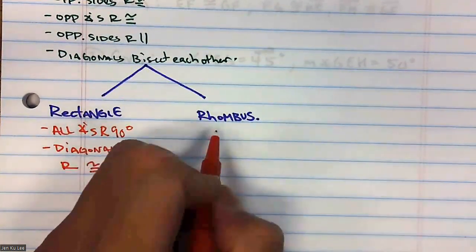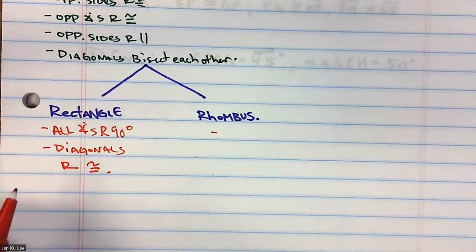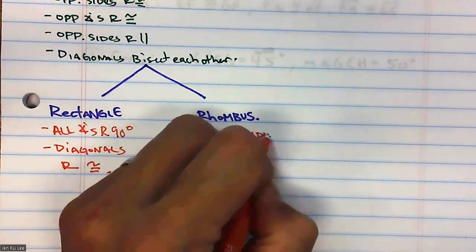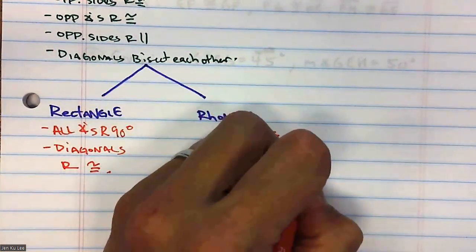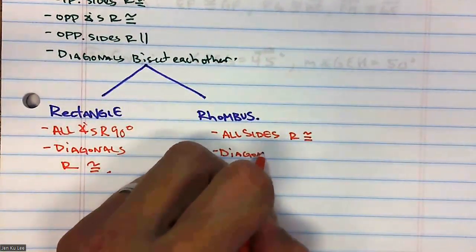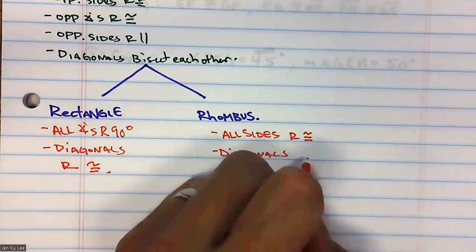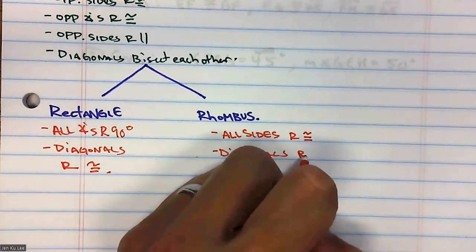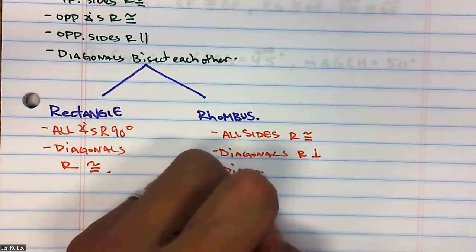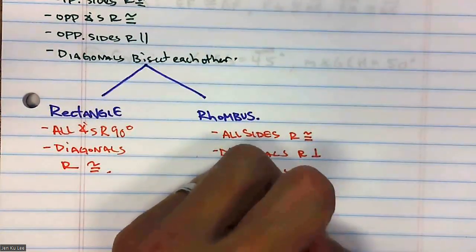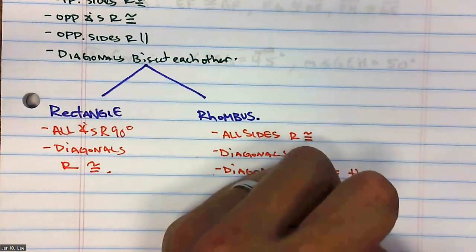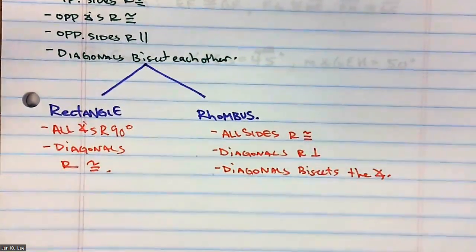In a rhombus, all sides are congruent. Diagonals are perpendicular, and the diagonals bisect the angle, right?